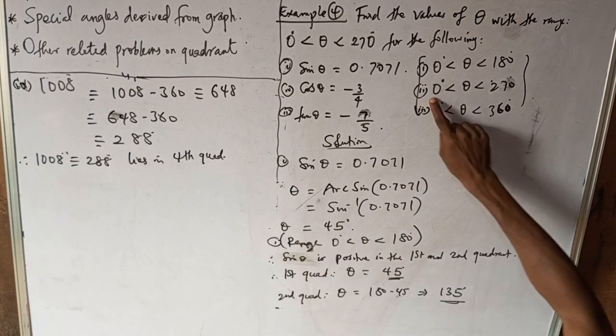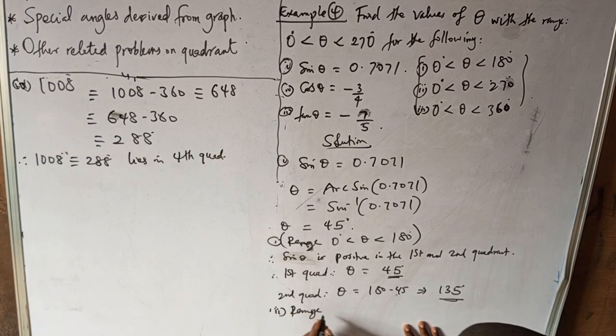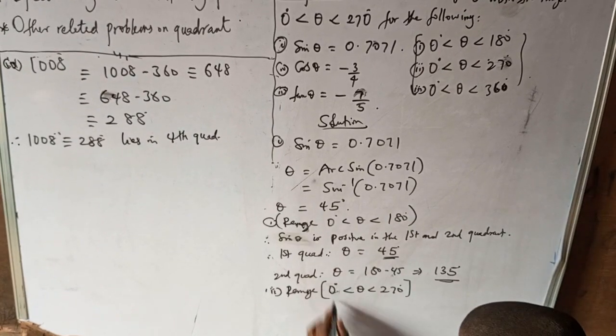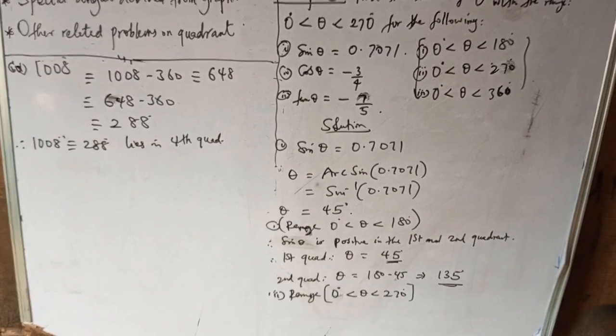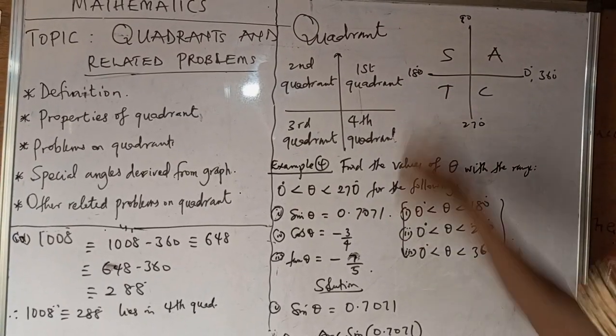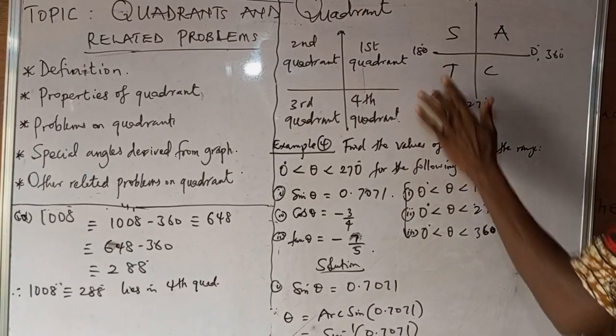Now let's take between 0 and 270 degrees. The range now is theta between 0 degrees and less than 270 degrees. You are still doing the same thing here. You still go back to the quadrants. Now you are covering three portions: 1, 2, 3. For 180 it is just two portions. So for 270 you are extending it to the third quadrant.